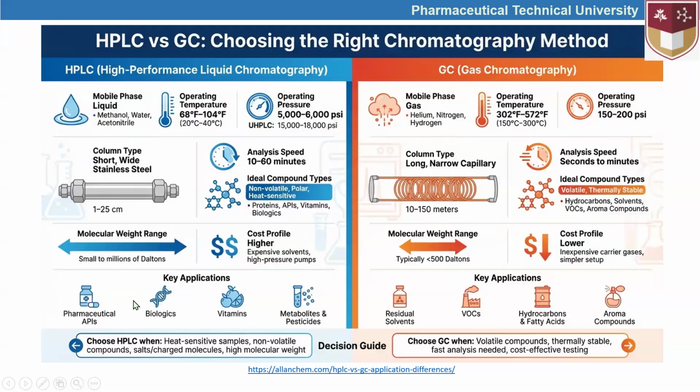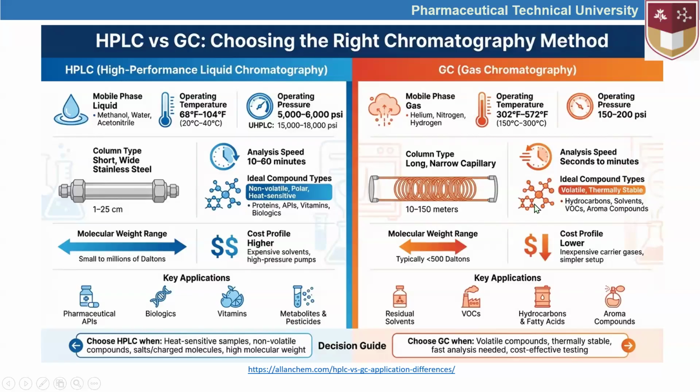Okay, and the key applications for HPLC include pharmaceutical active ingredients, biologics, vitamins, metabolites, and pesticides. And GC can be mainly used for volatile aromatic compounds in pharmaceutics or food industry or chemical industry.